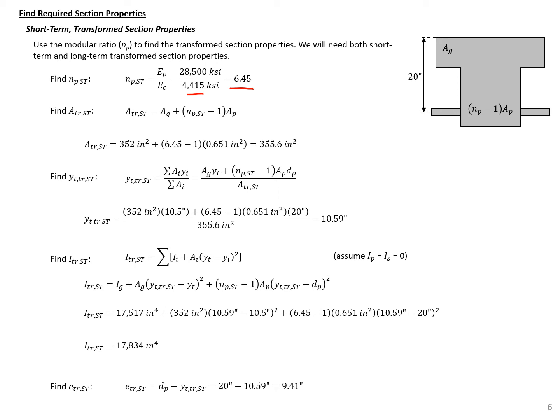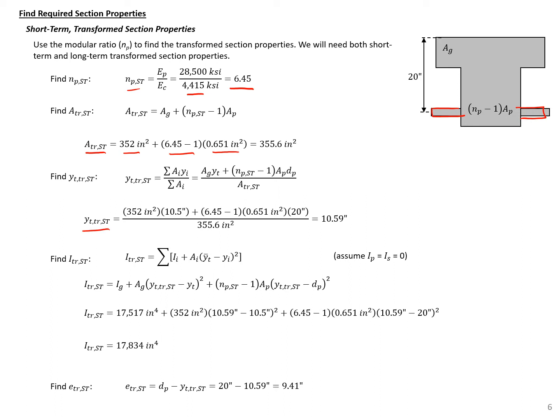And then we can add that pre-stress area to our gross area to get all of our different short-term transform section properties. So here we have our A transform short-term, so our gross area plus n minus 1 using our short-term modular ratio times the area of our pre-stressing.